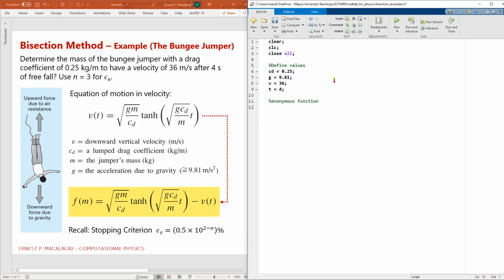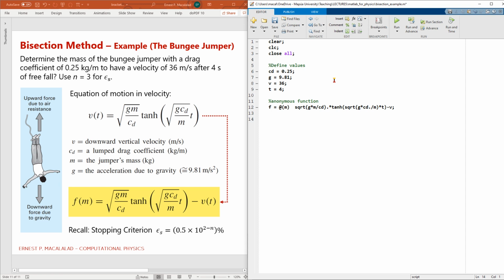Our anonymous function would be f, a function of m, and this is equal to the square root of g times m divided by cd times the hyperbolic tangent of the square root of g times cd divided by m times time, minus v. So this is our anonymous function, and we're going to use this later when we want to plot.